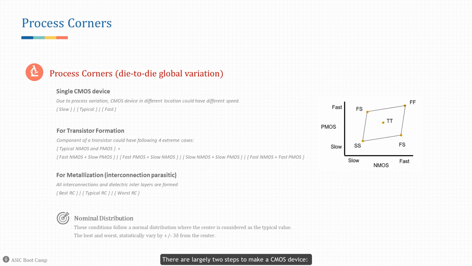There are largely two steps to make a CMOS device: transistor formation in the base layer and metallization on higher layers. We already know that because of process variation, a single CMOS device will be either slow or fast or anywhere in between across different dies, which is described as a result of global variation.